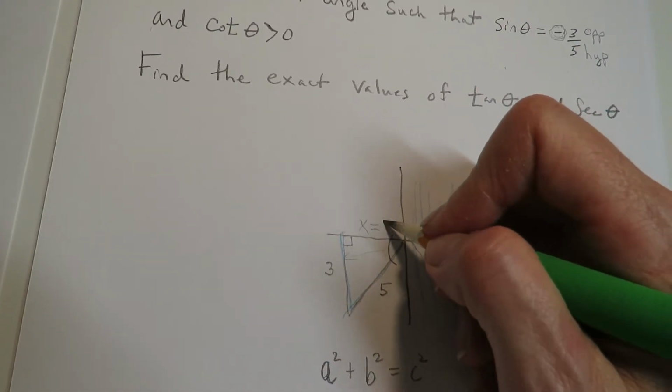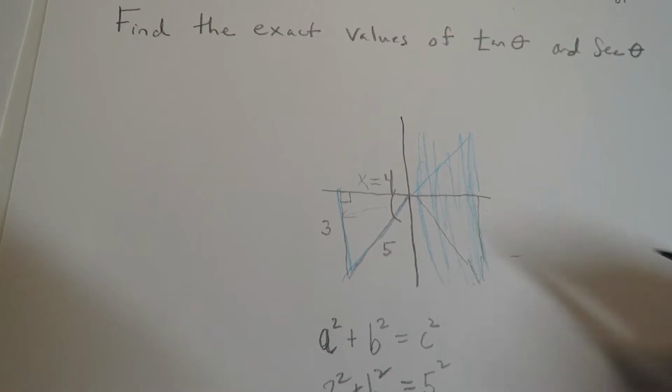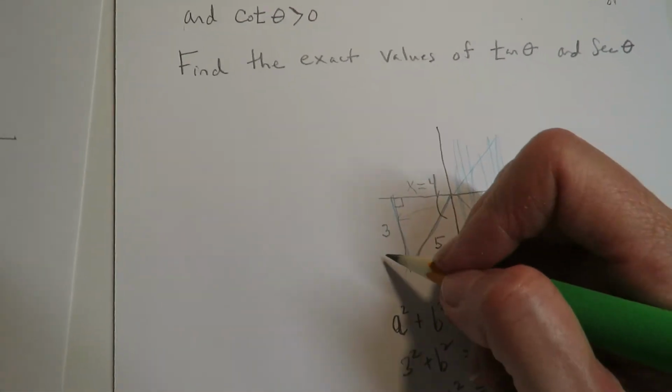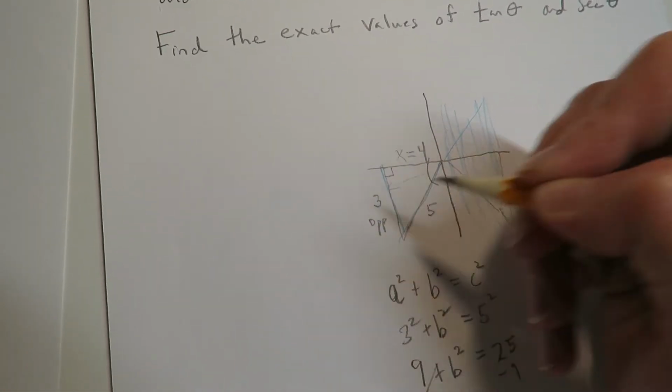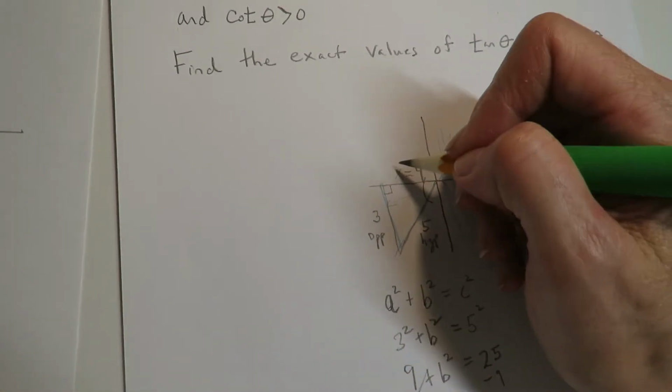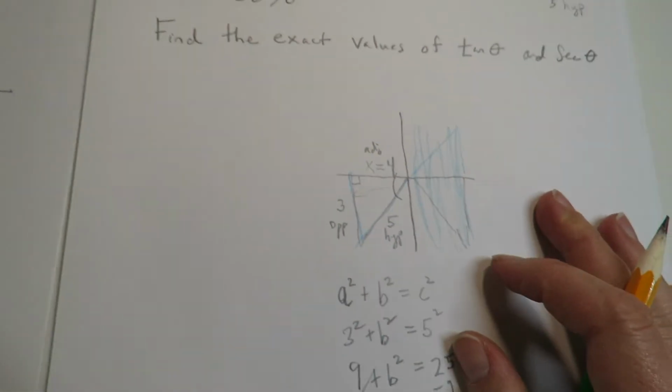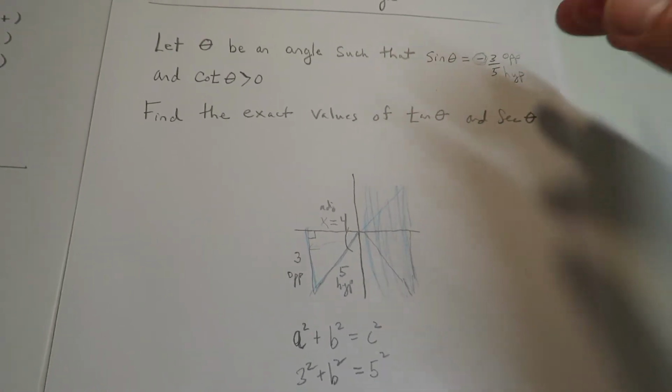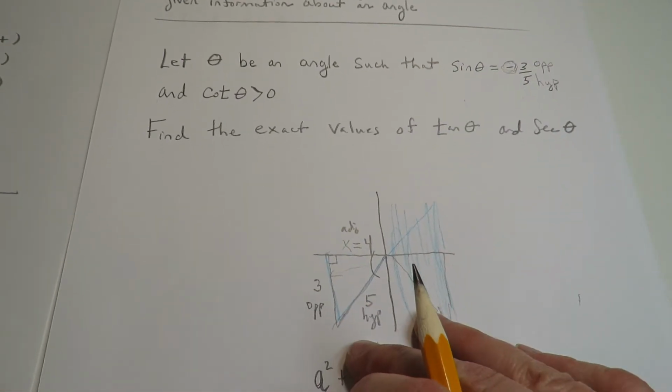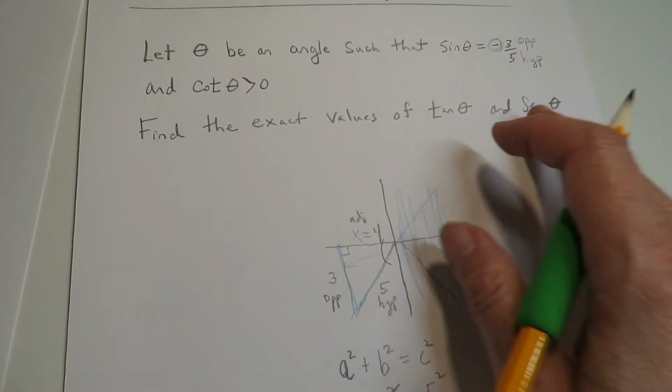So this side will now be 4. So this is a 3, 4, 5. And if you need me to write this out, this is your opposite, this is your hypotenuse, this is your adjacent. So we use the first information to create the triangle, then we evaluate whatever they ask.